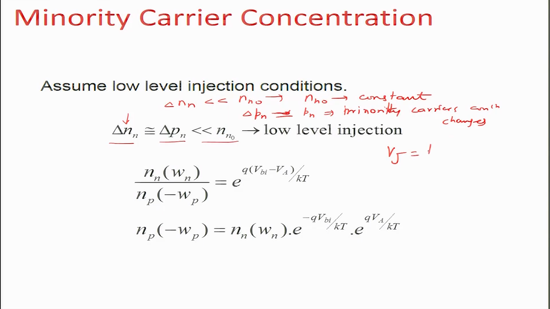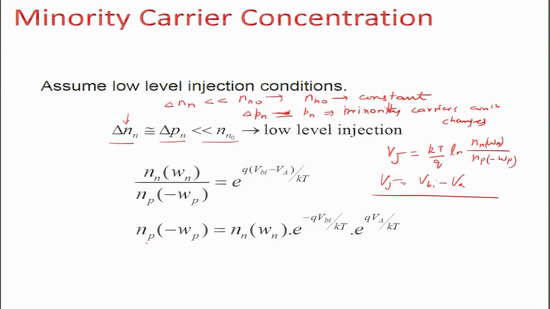kT divided by q ln of Nn(Wn) divided by Np(-Wp), I can now flip this equation. If I write it in terms of electron concentration, it becomes Nn(Wn) divided by Np(-Wp) is equal to exponential of q into (Vbi minus Va) divided by kT, where Vj is equal to Vbi minus Va.